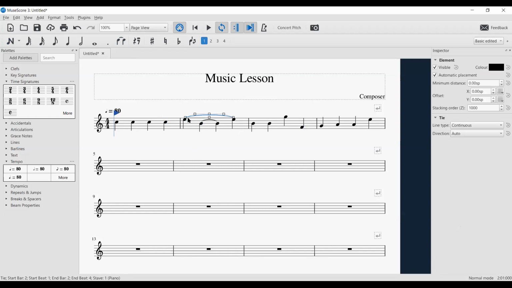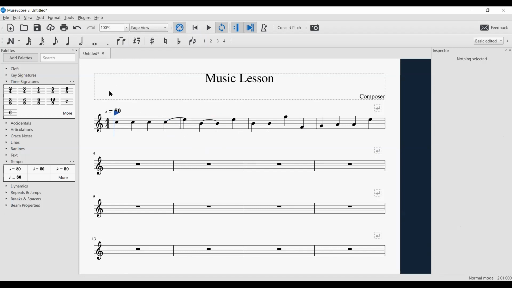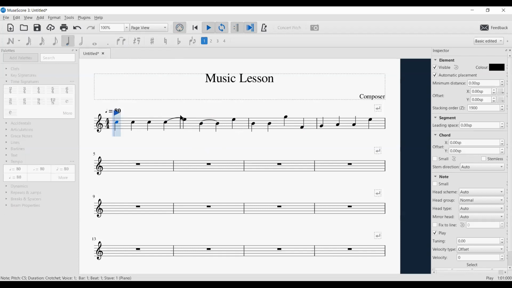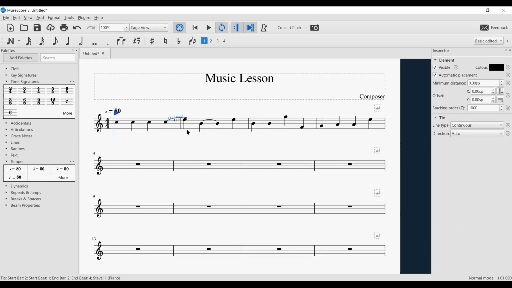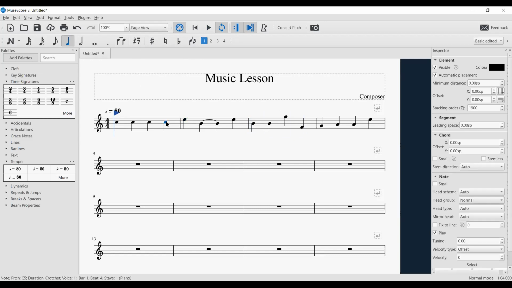Let's do that, and we're going to move it there. I think I know.